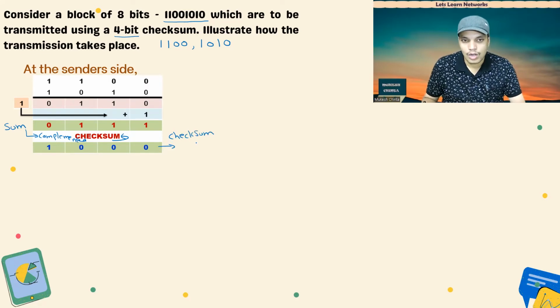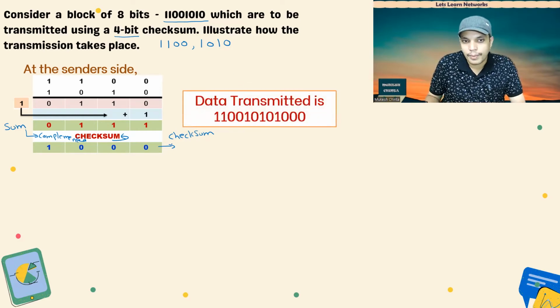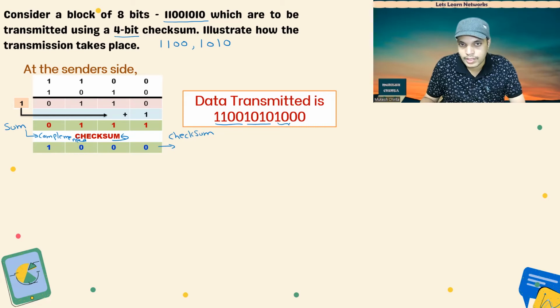Now the data that you are going to send to the receiver will be what? This 8 bits plus your 4 bits of the checksum. If you see here, these are the first 4 bits, these are the second 4 bits, and the last 4 bits correspond to the checksum that you just calculated. This data is sent to the receiver.